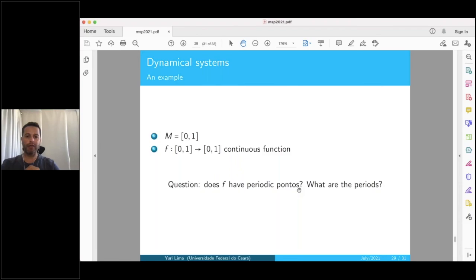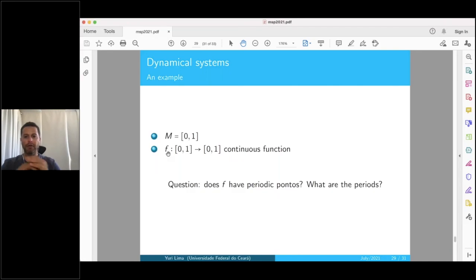And I'm going to try to make this question in an even simpler situation in which the configuration space is just the interval [0,1], and we have a function, which is the law of evolution I mentioned a few minutes ago, and I assume that this function is continuous.